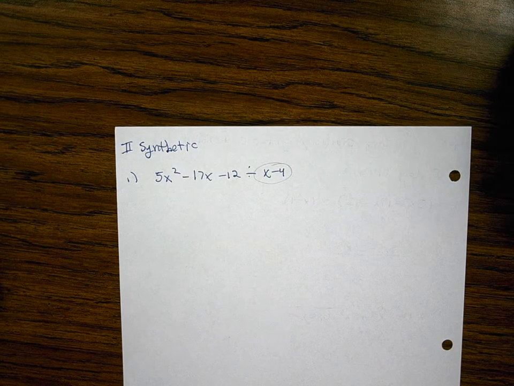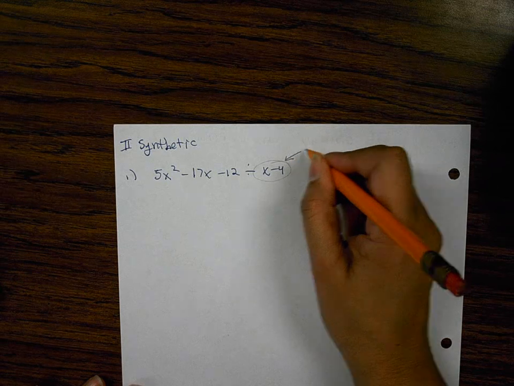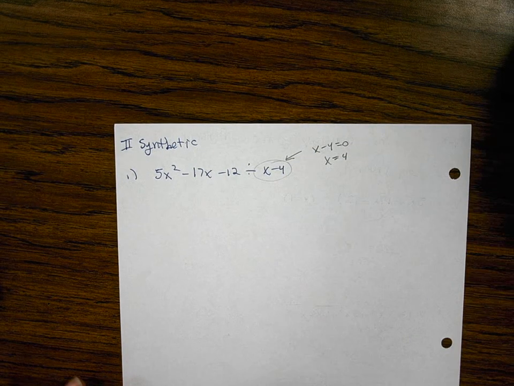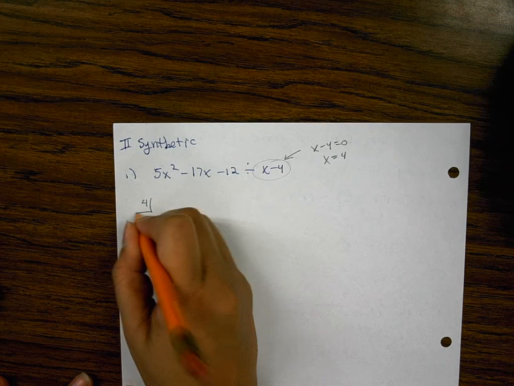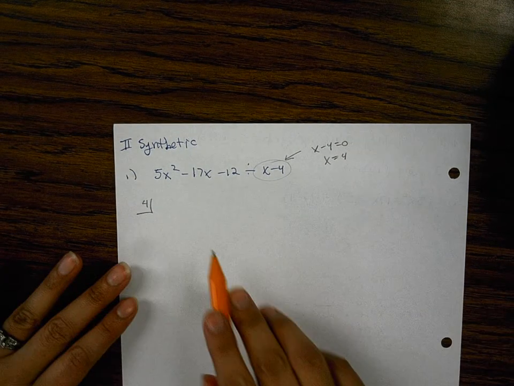Now you can only do synthetic when what you're dividing by has a degree of 1. If it was x squared or x to the third, you couldn't do it. But what you do is you set that equal to 0, and 4 is what goes into your little box here.